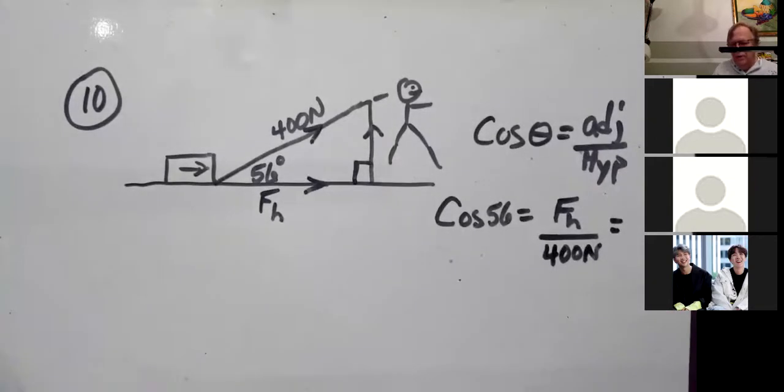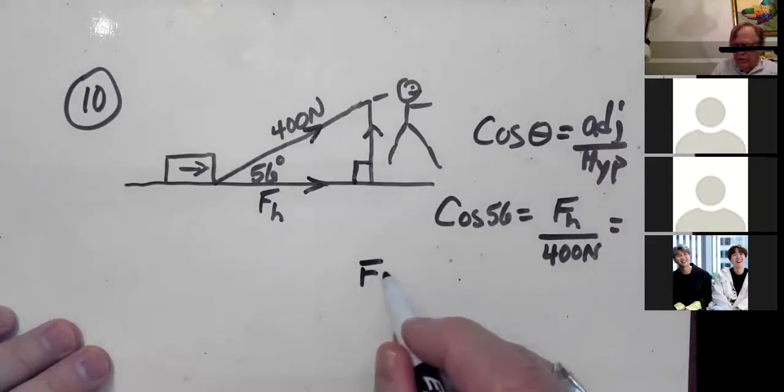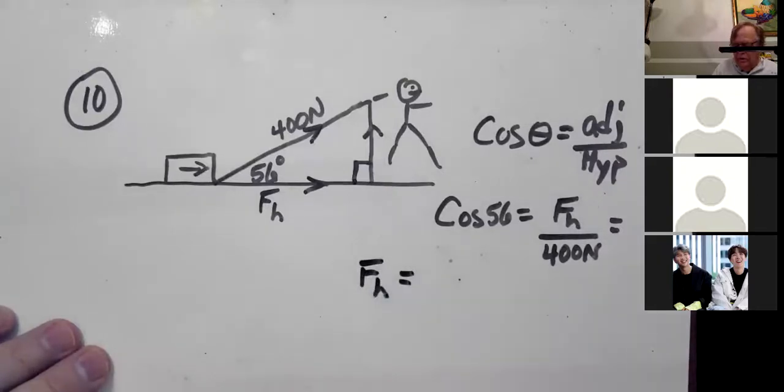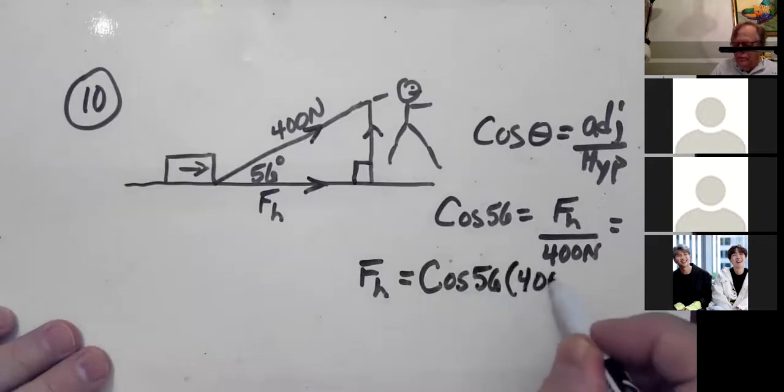Then we multiply both sides by 400, and we end up with horizontal force equals cosine of 56 times 400.